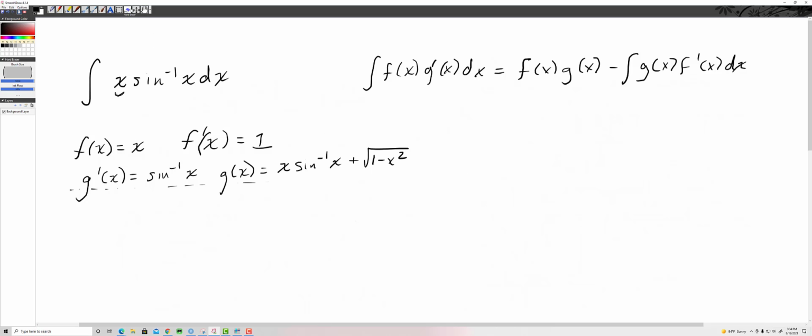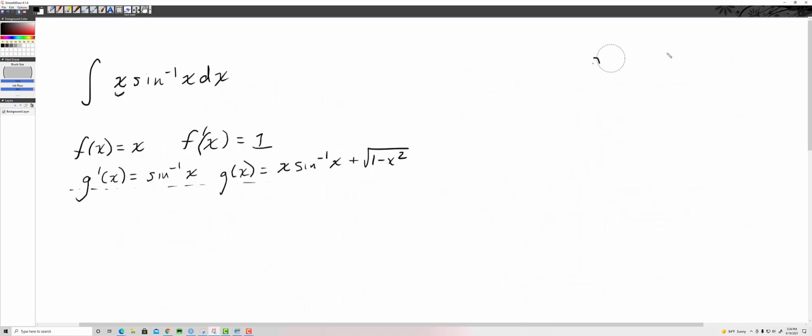Alright, now this part, remember the other side of the integration by parts here, I probably shouldn't have erased that. We take f of x times g of x, so f of x is x, times g of x, which is this, x sine inverse x plus square root of 1 minus x squared.